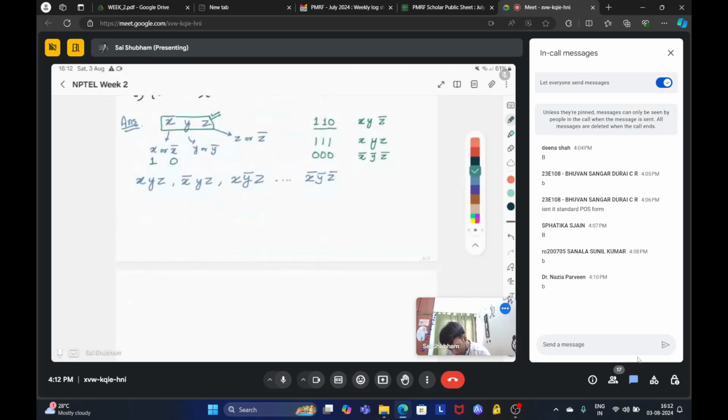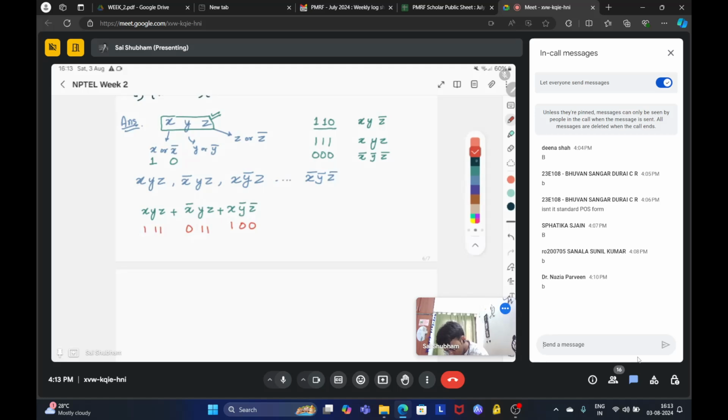So if we have the expression xyz plus x bar yz plus x y bar z bar, we can write the min term denotations. Actually it is 111, 011, and 100.